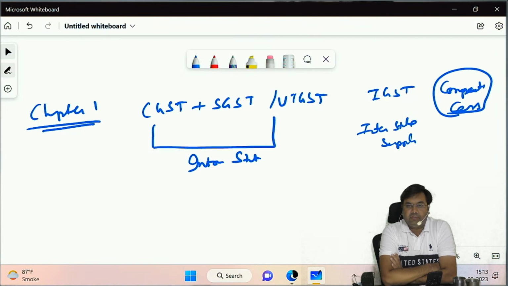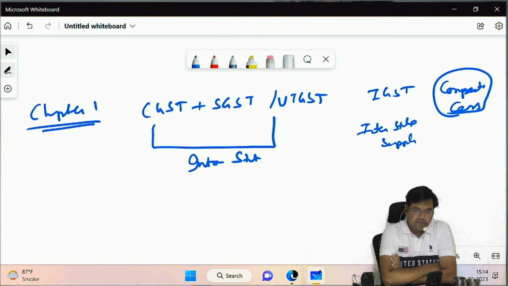Then we understood selected definitions under section 2 of the CGST Act 2017. We started with actionable claim. You need to interlink this with para 6 of Schedule 3. Actionable claim: neither supply of goods nor supply of services, except lottery, betting, gambling. Okay. Agent definition we have undergone.